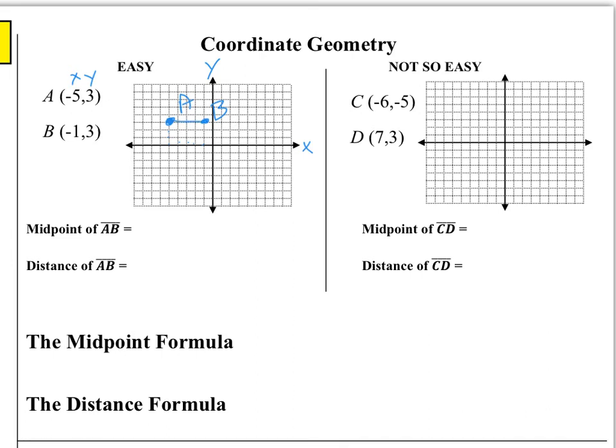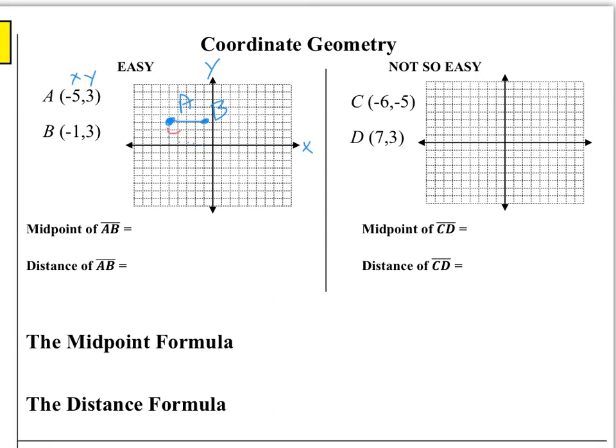Now if we wanted to find the midpoint of that, well, let's find the middle. How long is AB? Remember we could subtract because the y's are the same, it's a straight line, we're just going to look at the x's. So we could say that from A to B is 4, half of 4 is 2. So if we go 2 from either A or B, we'll get to the midpoint.